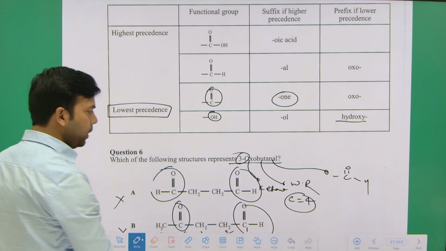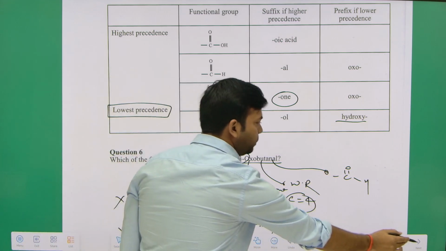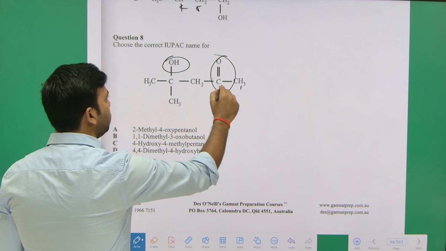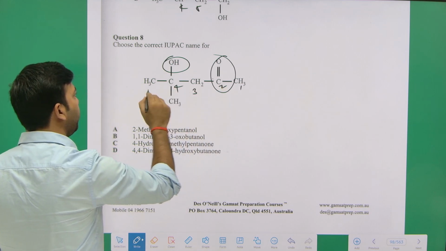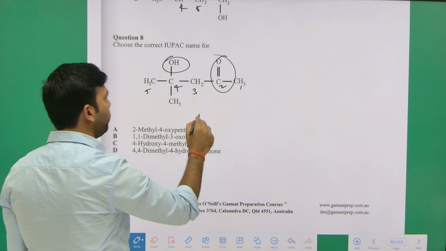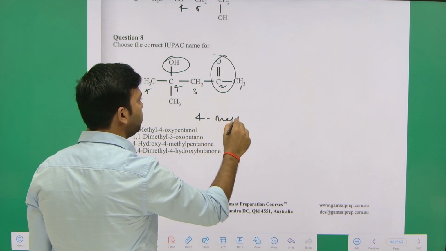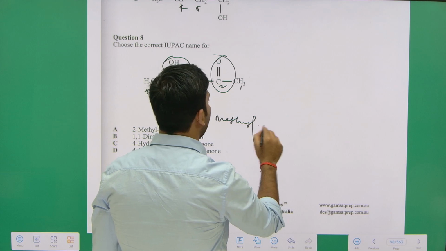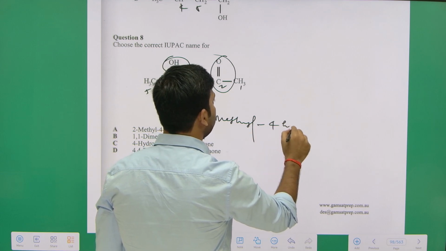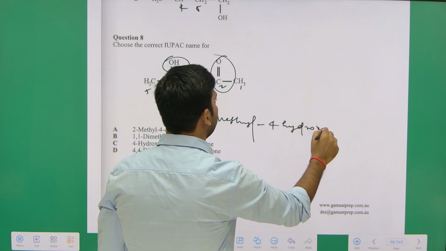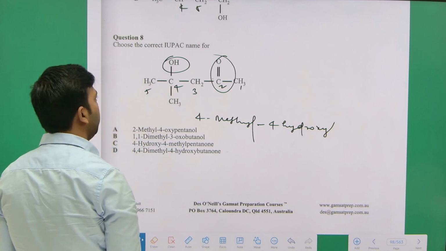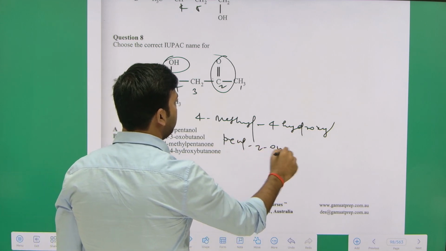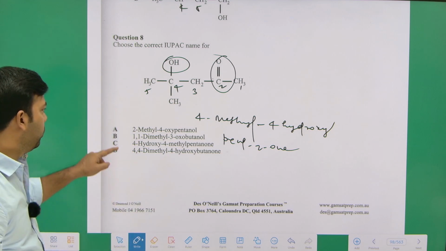Clear? So 1, 2, 3, 4, 5. The name will be 4-methyl, 4-hydroxy, pent-2-one. So 4-methyl.